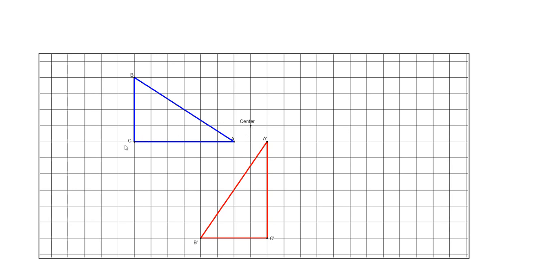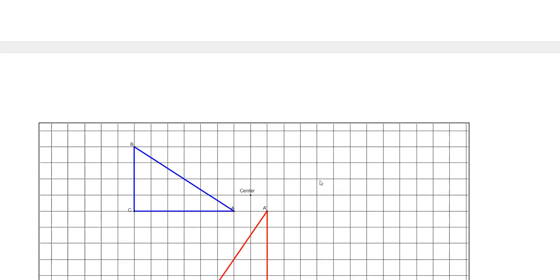Pythagorean theorem, if this is 1 by 7, that's going to be the square root of 7 squared plus 1 squared. Square root of 50 is the distance from C to the center, same to C prime. Okay, so you can kind of see how that works. So to get to B, you go left 1, 2, 3, 4, 5, 6, 7, and up 3. And so this will be down 7, 1, 2, 3, 4, 5, 6, 7, and left 3 here. So you can kind of get an idea of how that works there.